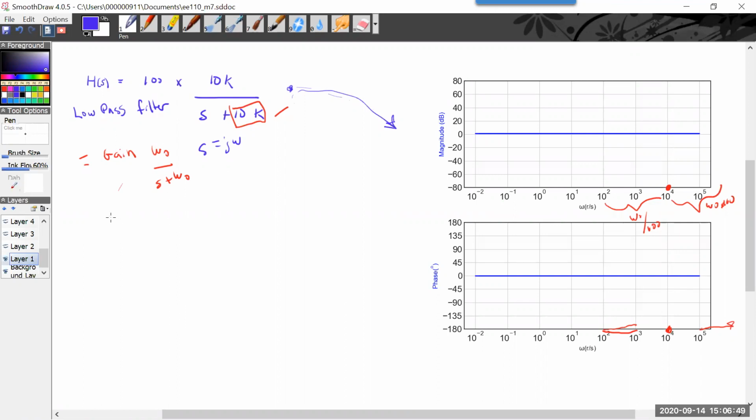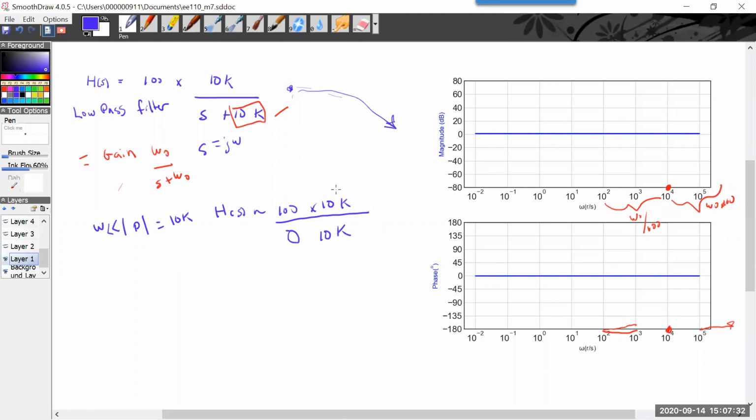Now that we've got that 10K, when omega is less than that pole, equals 10K, or much, much less than that, what happens is H of S goes to 100 times 10K, and now the S term is so much less than that pole, it goes to 0.